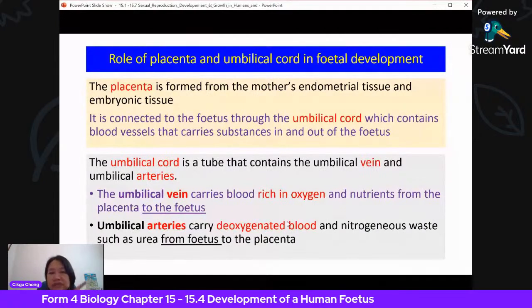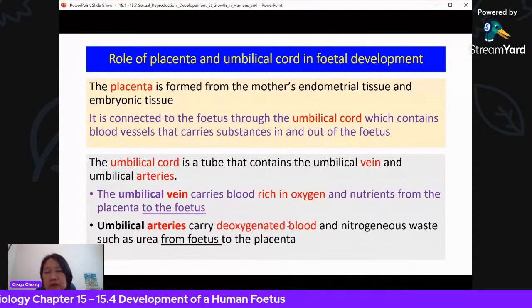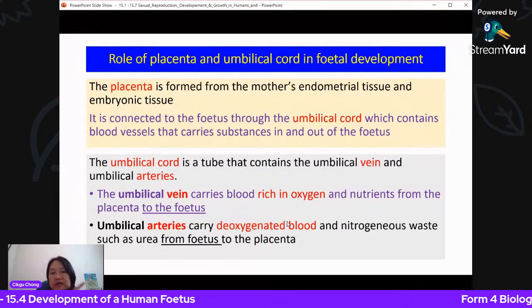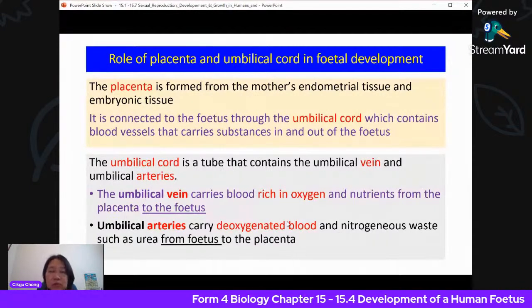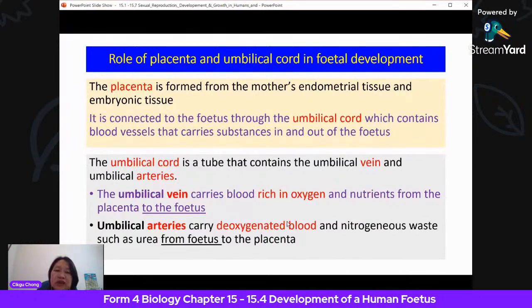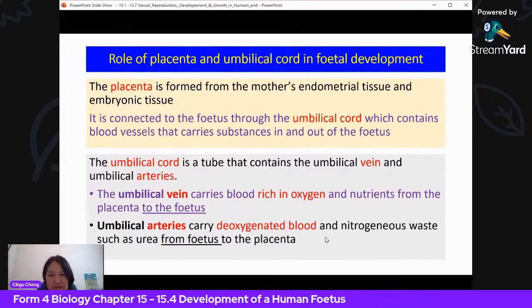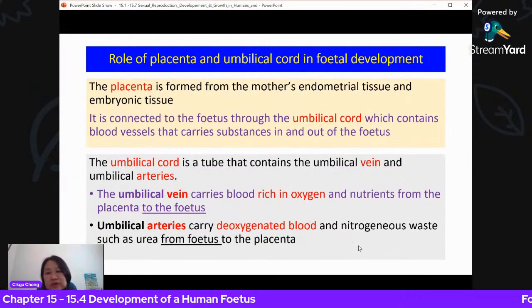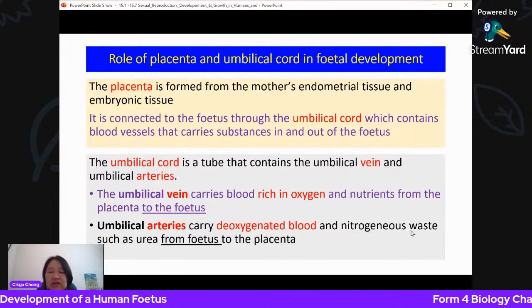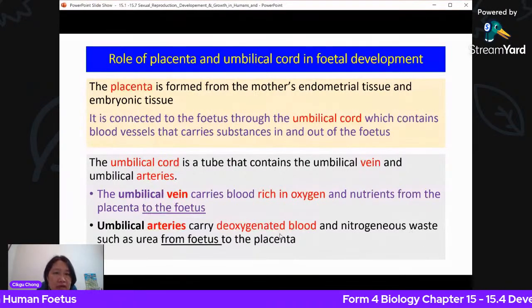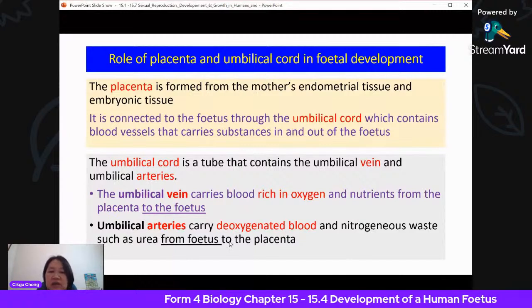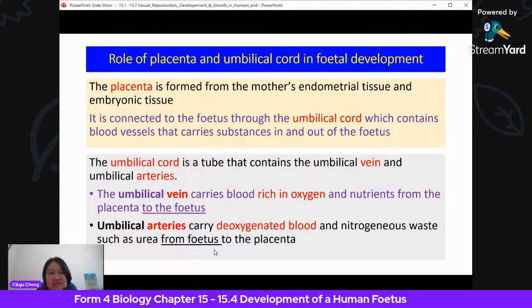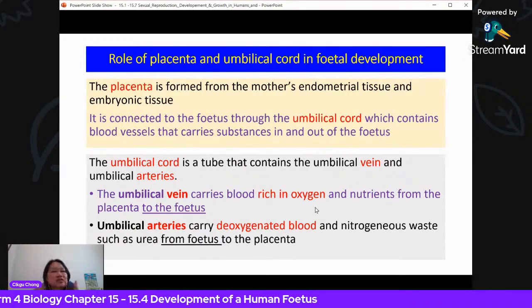So now artery means it comes out from the fetus heart. It should be bringing the blood away from the heart, away from the fetus. So it should be carrying deoxygenated blood, and also waste products, nitrogenous products, from the fetus to the mother, such as urea. So you understand that?